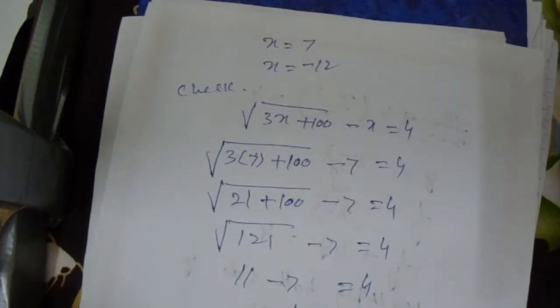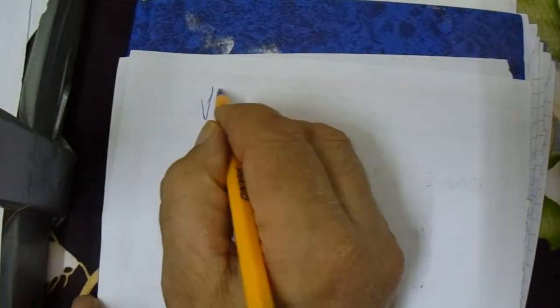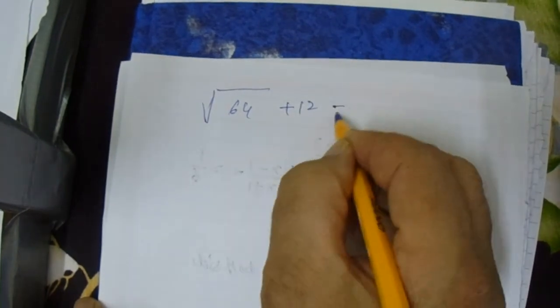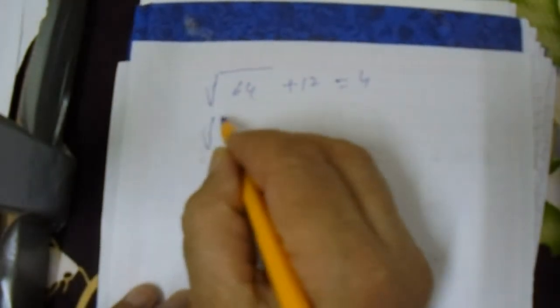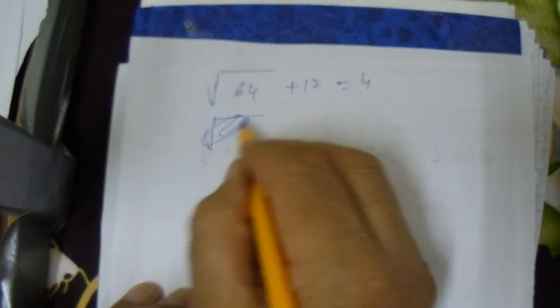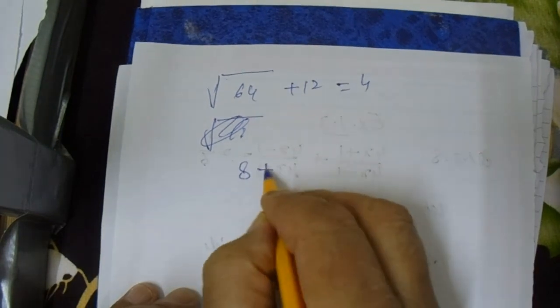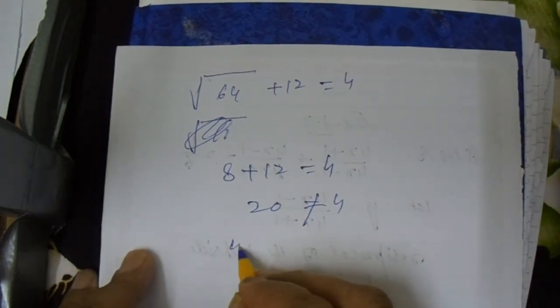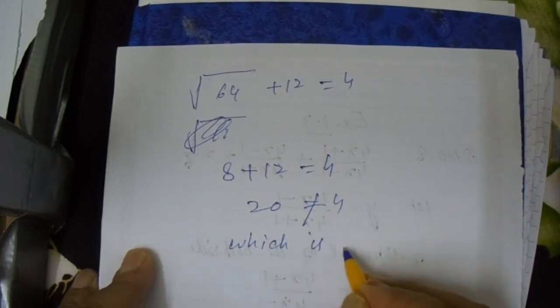Now we get 64. Yes, 64 plus 12 is equal to 4. Now under root 64 is 8, plus 12 is equal to 4. It means 20 is equal to 4, which is not equal, which is not true.